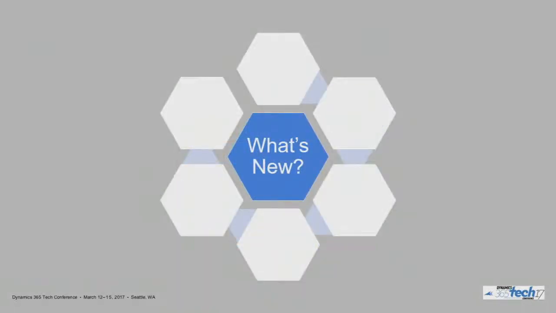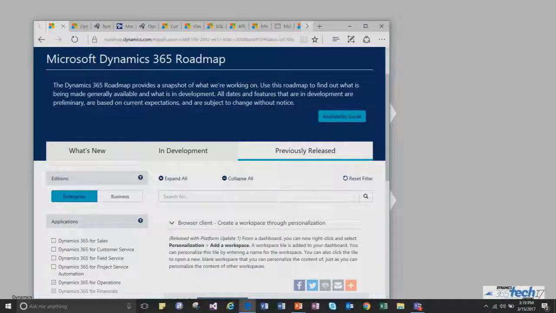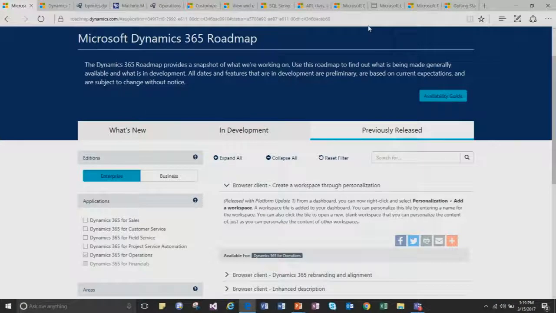So let's talk about what's new in the help and the content in general. Our newest thing is the roadmap. So let me just come over here and briefly show you the roadmap. The Dynamics 365 roadmap is for all the products, although I've got it set to filter for operations.